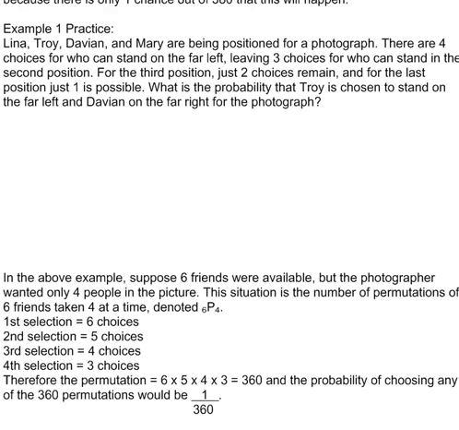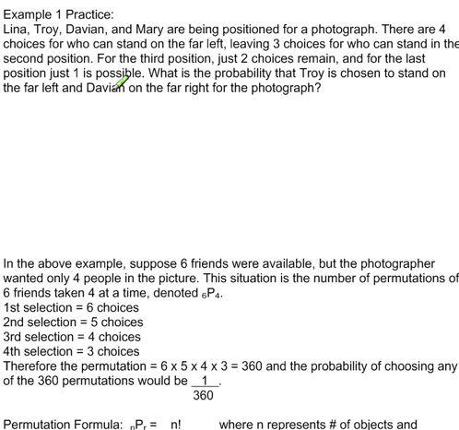Okay, so seems pretty easy. So let's try another example. This is your example. If we've got 4 people that are trying to get positioned to take a photo, and there are 4 choices you can choose from, what is the probability that Troy will be chosen to stand on the far left and Devin on the far right for the photo?